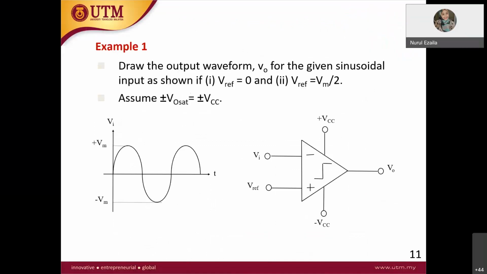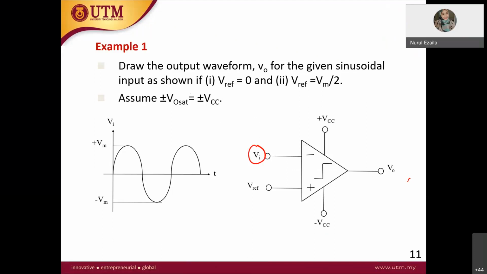Okay, so this circuit is simple. It doesn't have any resistor and everything. They just say V in here, V in over here. So this V in is equal to this one.